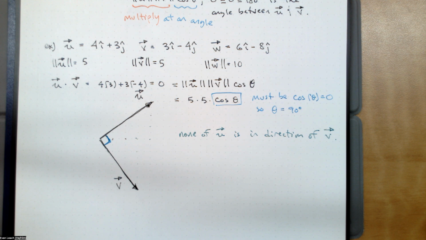The component of u in the v direction is 0. And that's what the dot product is telling us.